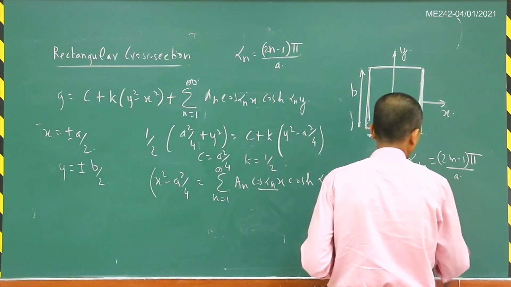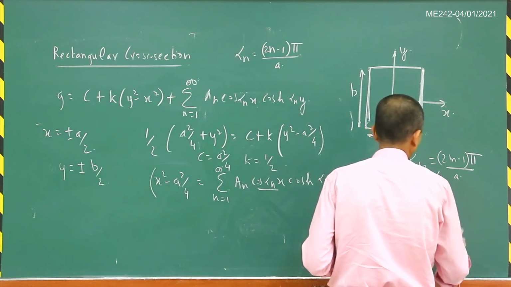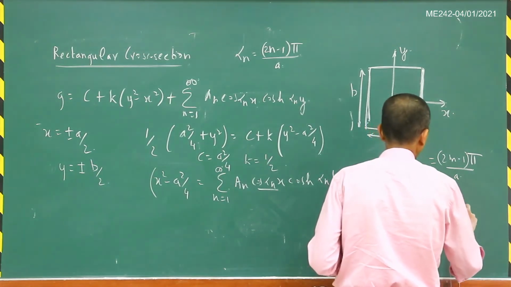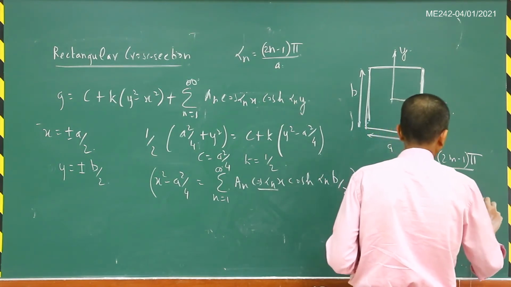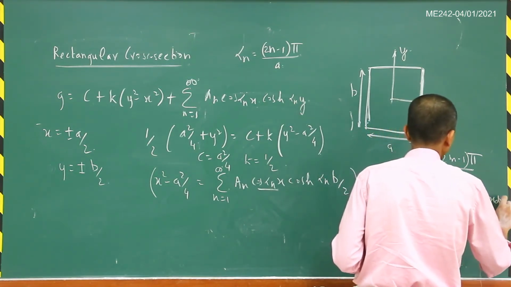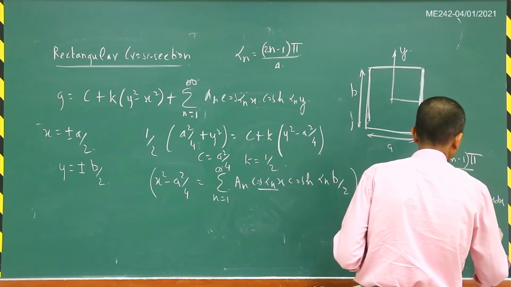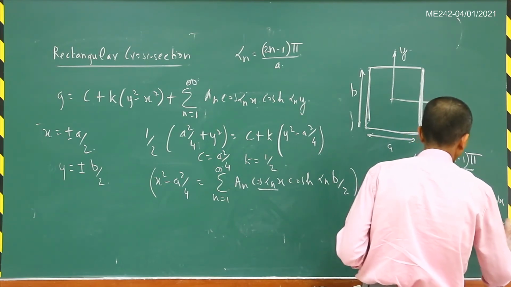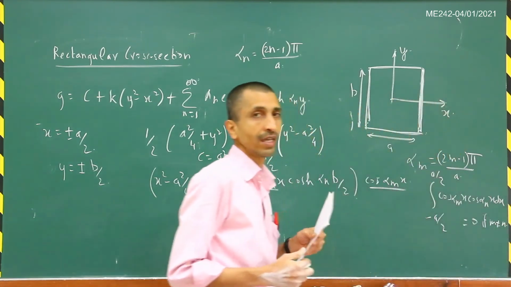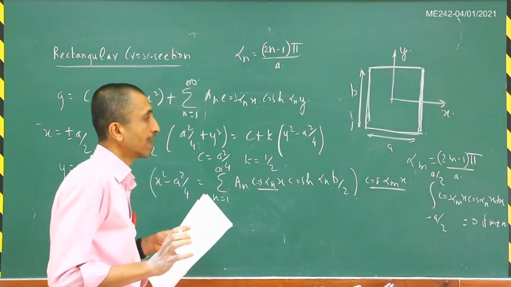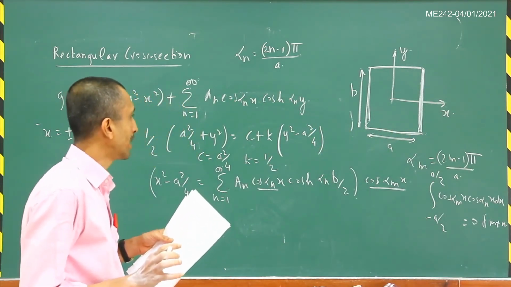So the integral from minus a by 2 to a by 2 of cos alpha_m x cos alpha_n x dx is equal to 0 if m is not equal to n. So you are using this orthogonality of the cosine functions in order to find this.